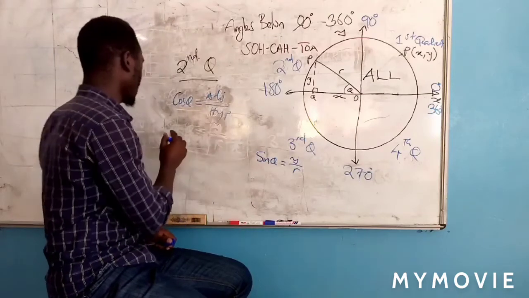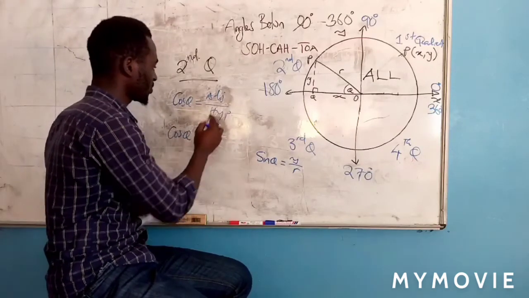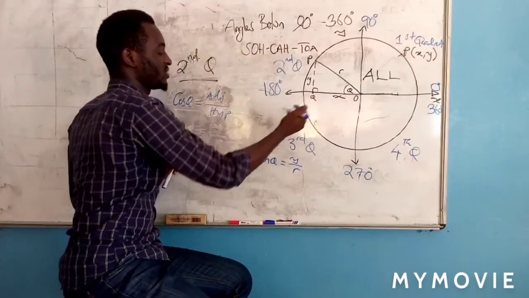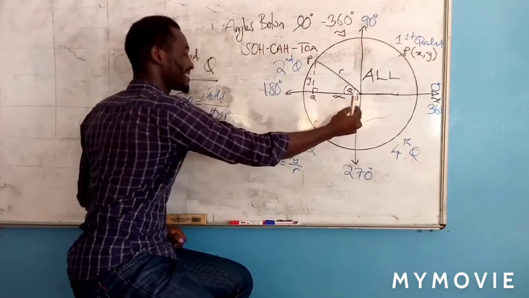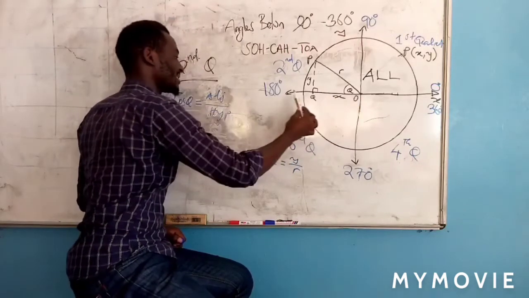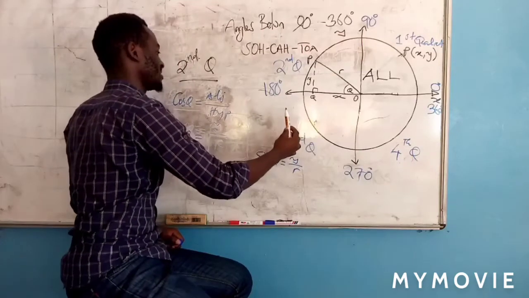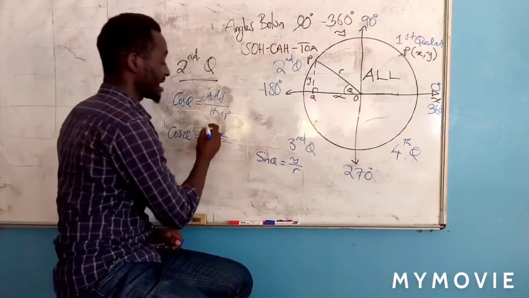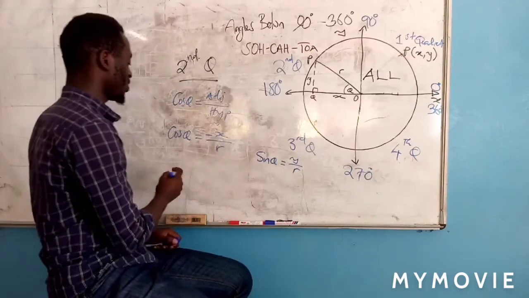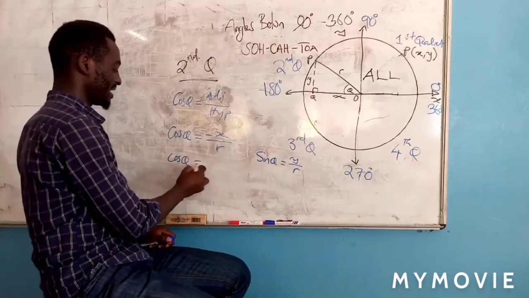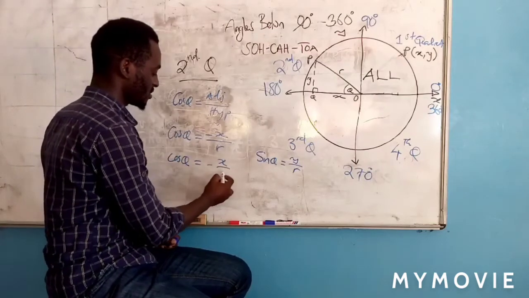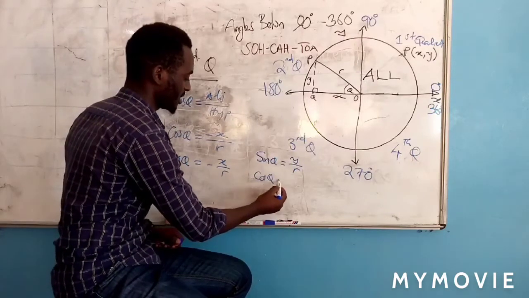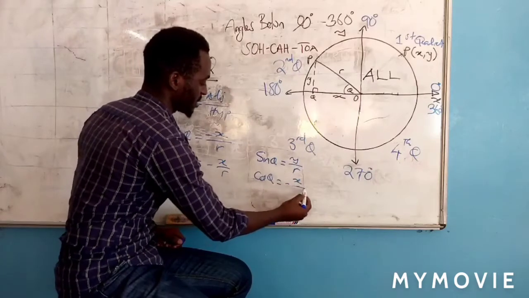Adjacent to this angle is x, and we all know that on the left side of 0 on the x-axis are negative numbers. So we have a negative x over hypotenuse, which is r. So all in all, cos theta is equal to negative x over r. I'm going to write that here.